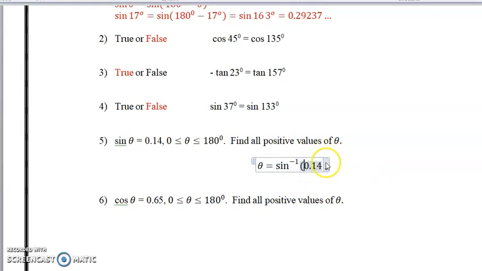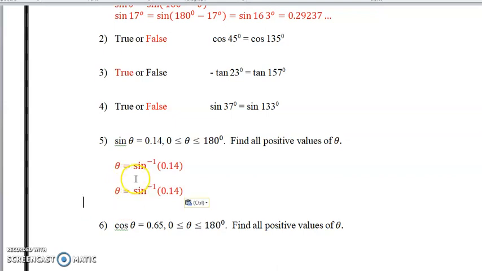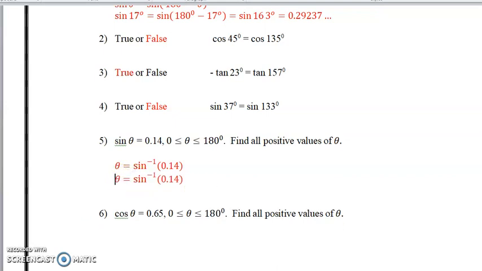Your calculator will give you the brackets. Solve that and see what we get.